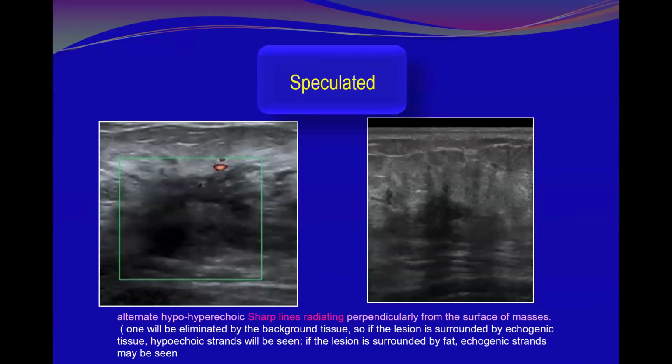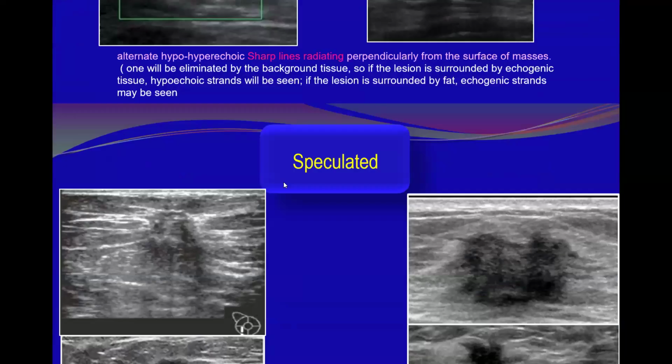Again, more examples of spiculated lesions. Okay, can you see all these hypoechoic lines within this hyperechogenicity? And again, here we can see some of these radiating lines.